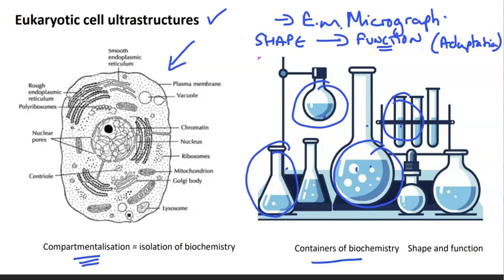They have containers of particular biochemical reactions. We recognize them by their shape. This reminds us of their function and their adaptation, but the shapes are the organelles. So each of the features that we are going to go through and look at now is an organelle with specialized adaptations to specialized chemistry, which is isolated within that structure.